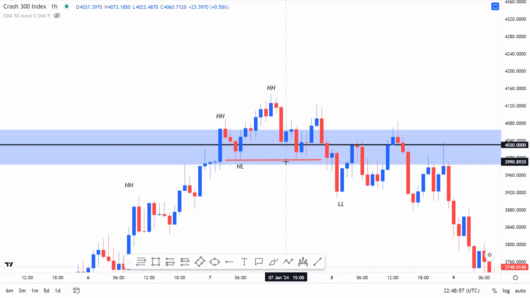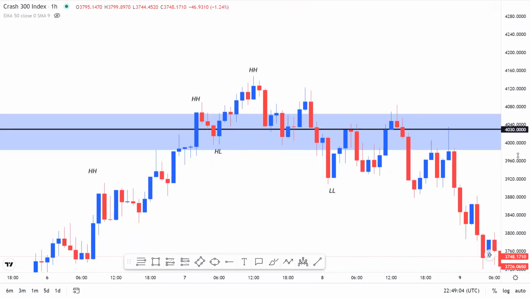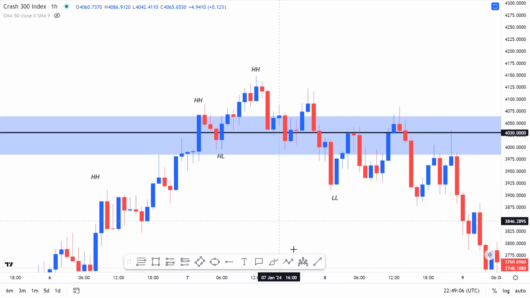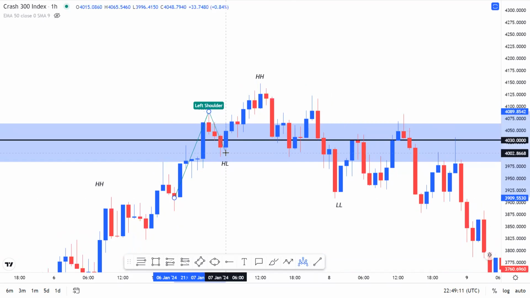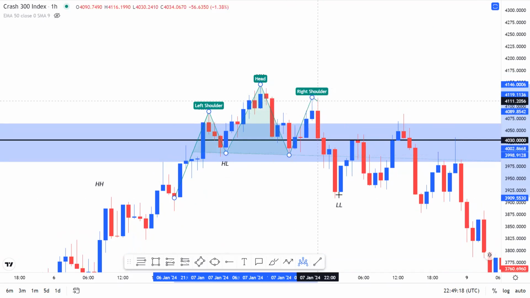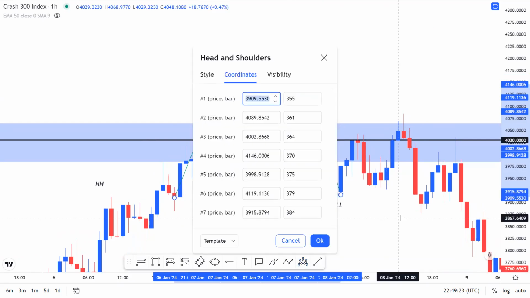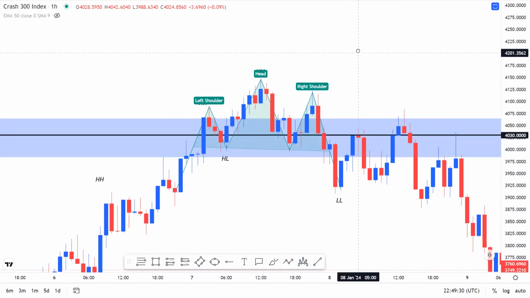And then also I noticed right here on the hourly time frame, we had a perfect chart pattern, a reversal chart pattern for sell, which is the head and shoulder pattern, with this being the left shoulder, and then the head, and then we had the right shoulder that led us to the shift in the market structure on the hourly time frame from bullish to bearish.